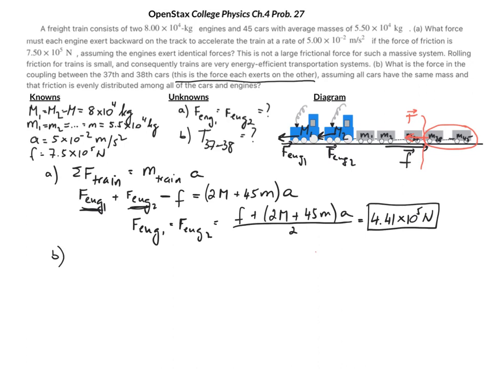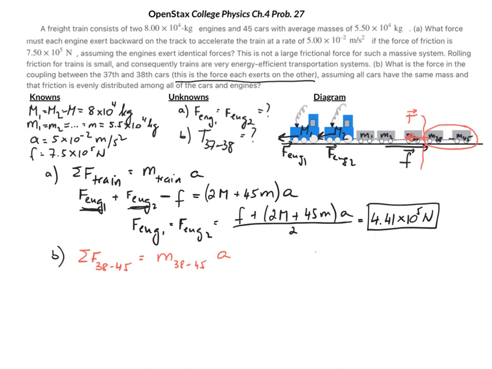And that amount of tension also has to overcome the friction that is exerted on cars 38 through 45. So when I write the sum of the forces on 38 through 45, that's going to be the mass of 38 through 45 times the acceleration.